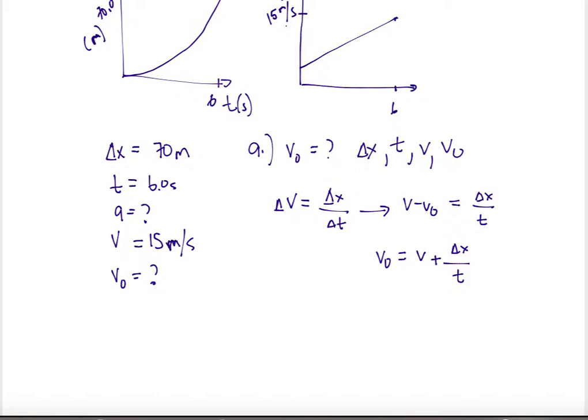So v naught will be 15 meters per second minus 70 meters over 6 seconds. And so the calculator yields an initial speed of 3.3 repeating meters per second.